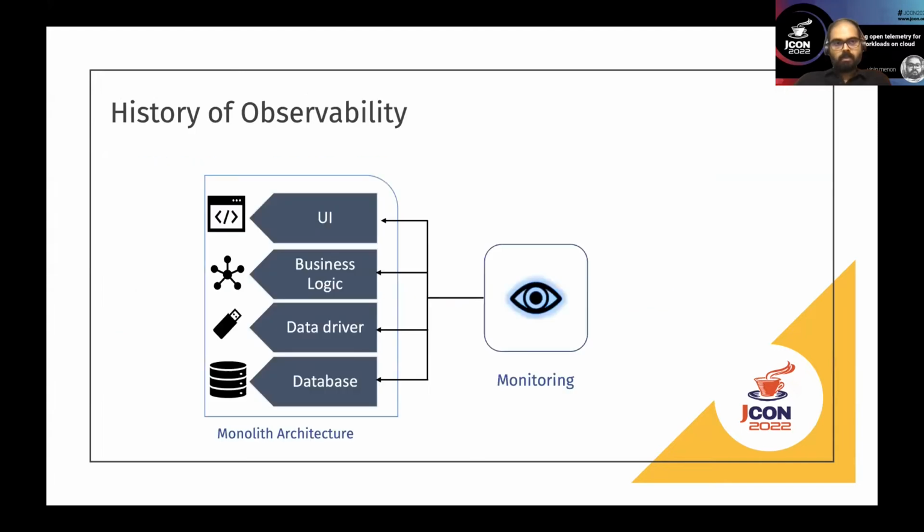So let me talk about the history first. When we talk about modern workloads and traditional workloads, what is the main difference? The old workloads were running together as a single monolith application with a single monolith architecture.